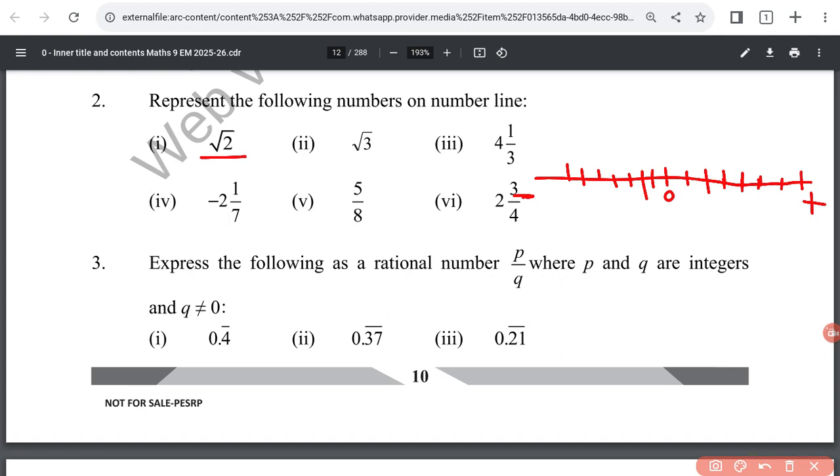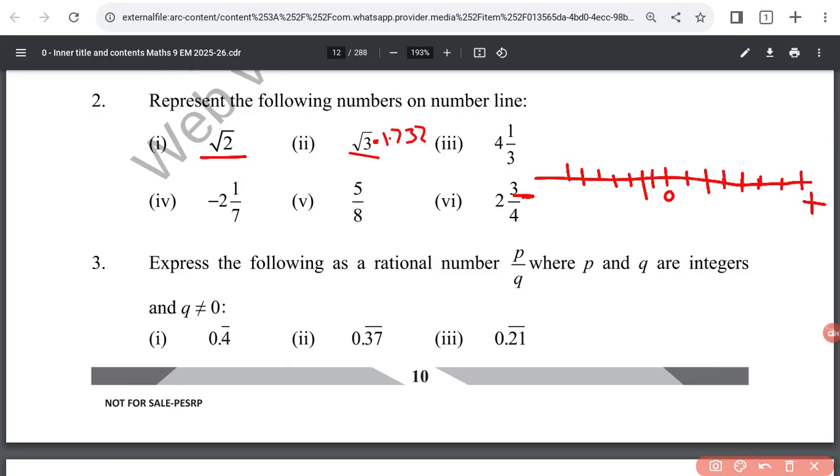The second part is square root of 3. The approximate value of square root of 3 is 1.732. So it falls between 1 and 2 on the number line.